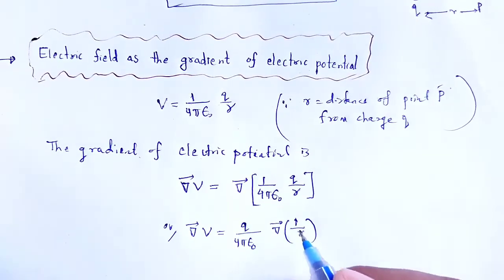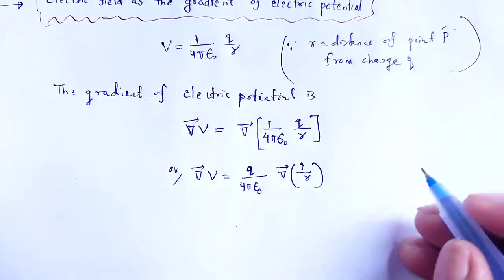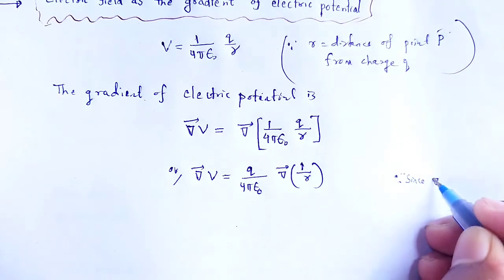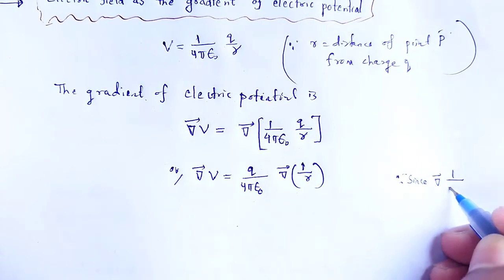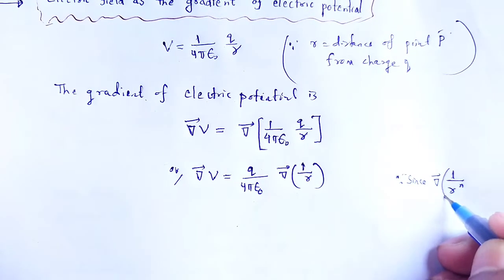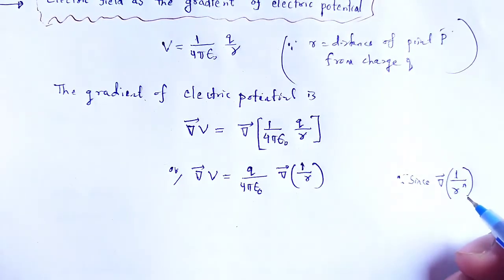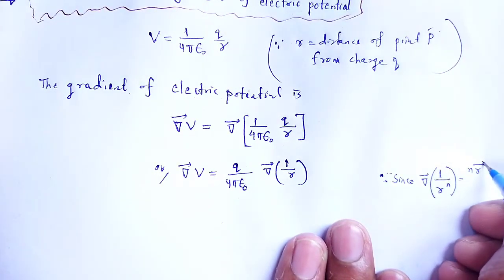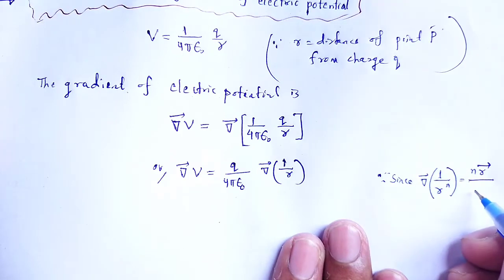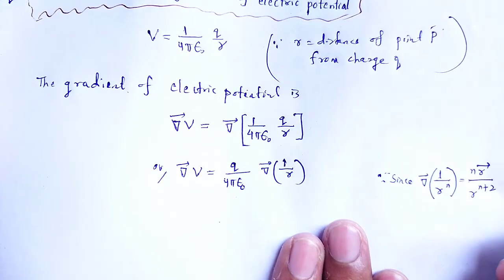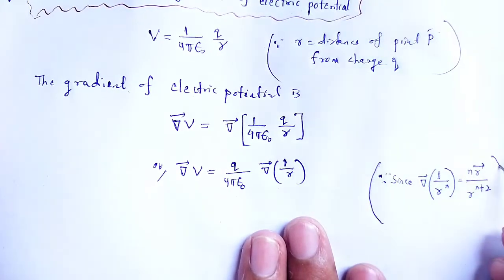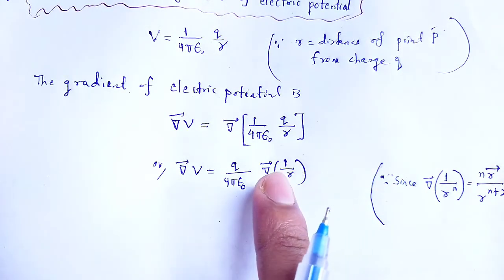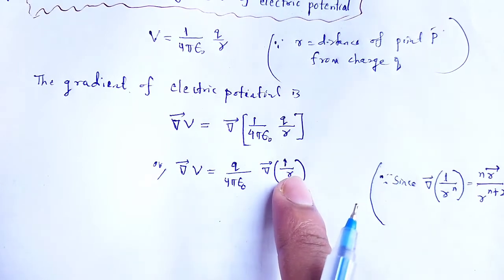Grad of 1 by R can be calculated by using the relation, as we know, where r is the position vector, gradient of 1 by r to the power n is equal to minus n r vector divided by r to the power n plus 2. By using that relation, we can easily calculate the gradient of 1 by r.